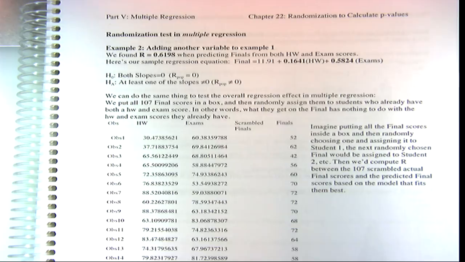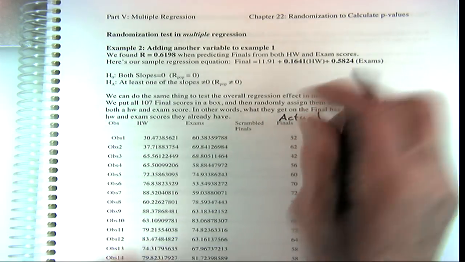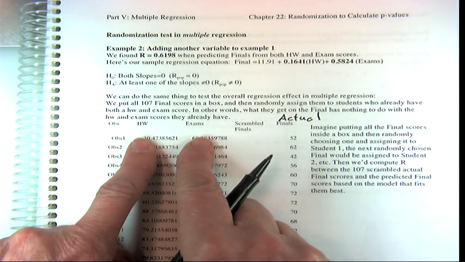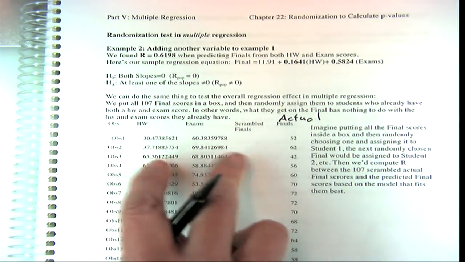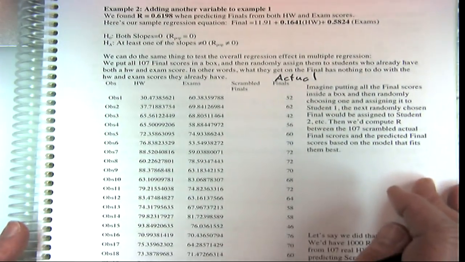Okay. Now, we could do the same thing with multiple regression. We could have our actual finals and your homework and exams, and scramble your finals to already existing homeworks and exams.